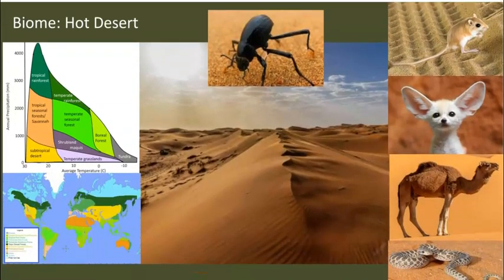In a central continental position, the same as the temperate grasslands, if we think of a continent as being like this, but if you're in the center of such a thing, where you're in the rain shadow, your rainfall is necessarily low, but your temperatures can be very high.